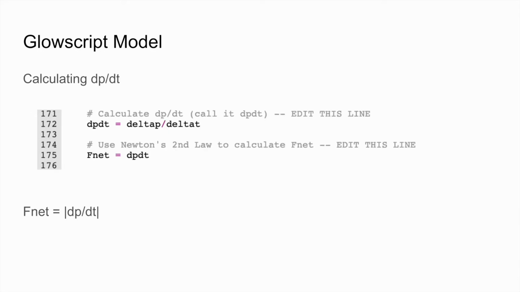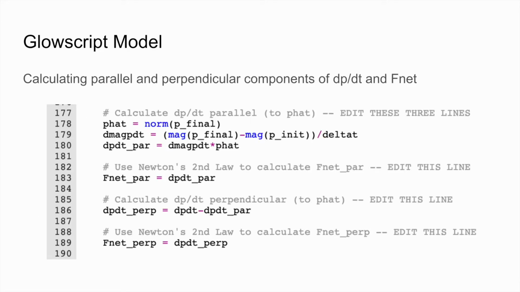We calculate dp/dt by doing the change in momentum over the change in time, so delta p over delta t. And since we stated before F net is equal to dp/dt, in line 175 we set them equal to each other. Then we calculate the parallel and perpendicular components of dp/dt and F net.